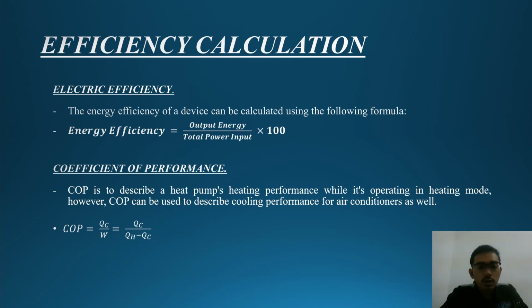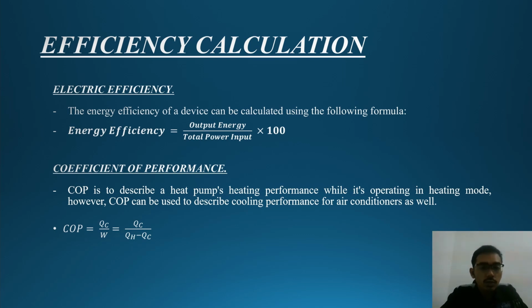Since we do not have the data on hand due to our current conditions, we just managed to fill in the formulas needed to calculate the efficiency. The first one is the electric efficiency, where the output energy is divided by the total power input, times 100%.